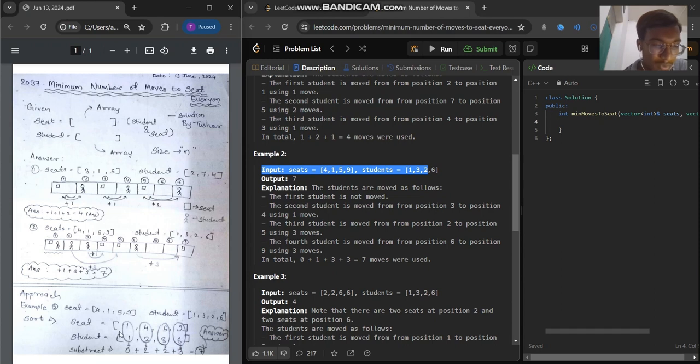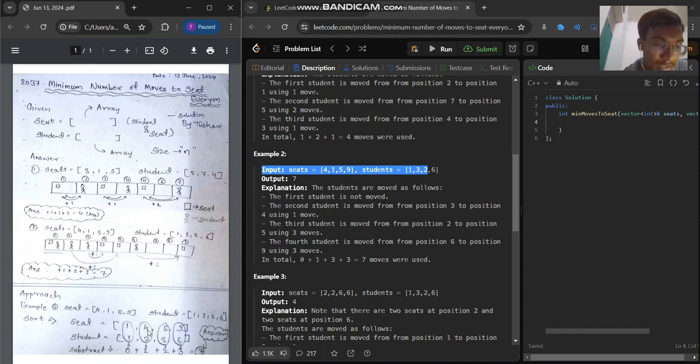Now what we have to do is subtract each position of seat and student. So 1 minus 1 will be 0. We subtract the current position of the student from the current position of the seat, so we get 0.